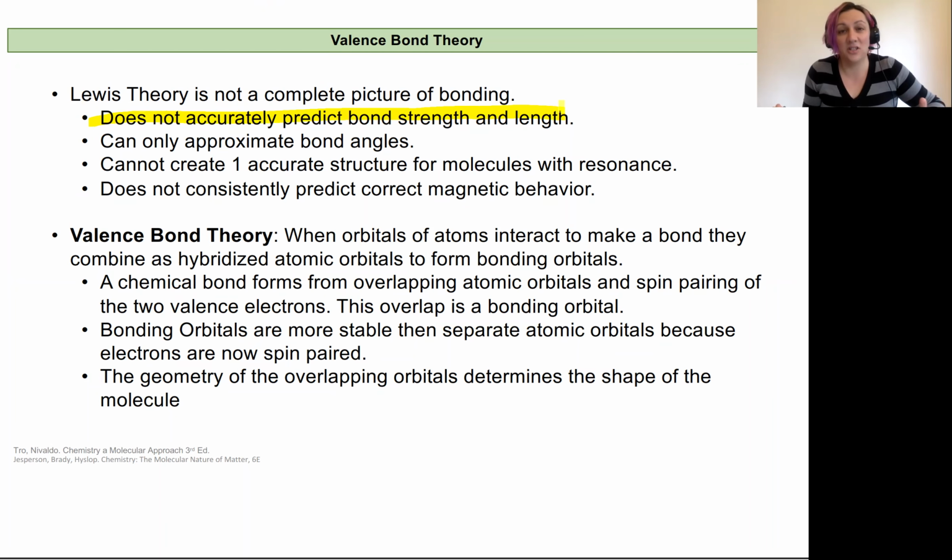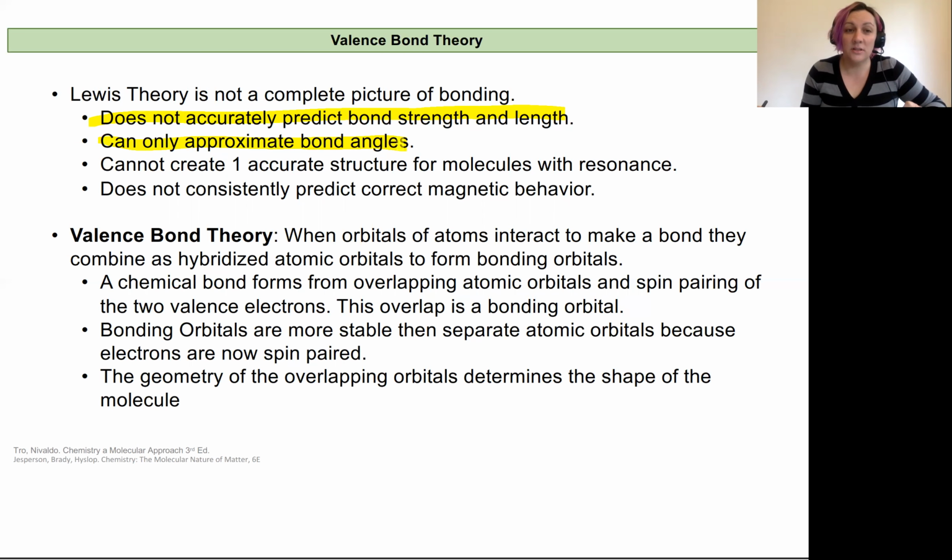We can't rely just on Lewis theory to say how short a bond will be or how strong, or how long and how weak. And it only approximates bond angles. They don't actually match up with what we see experimentally all the time. And so that's a problem. That's not a very powerful predictive tool if we have lots of exceptions that we see experimentally.